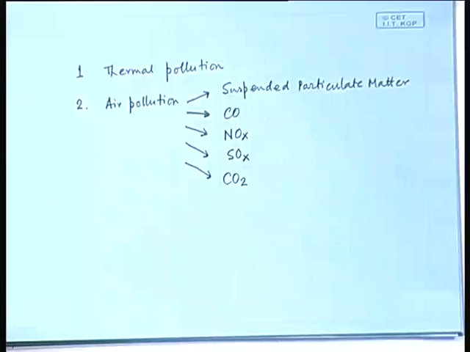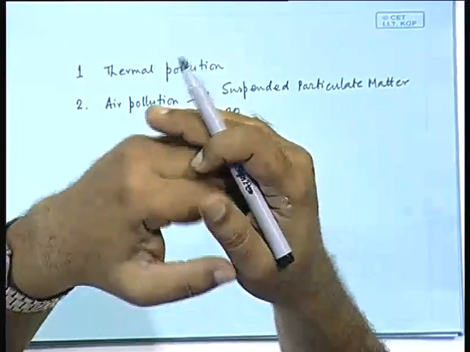Suspended particulate matter, that is a big problem, because Indian coal that is burnt, for example, the coal burnt in the power plants in West Bengal, is obtained from the Jharia Raniganj belt.